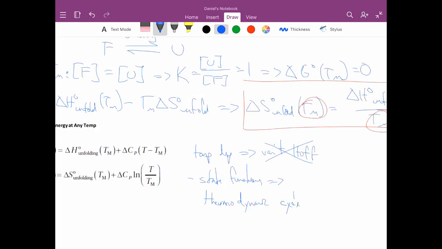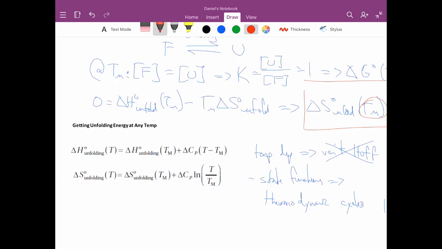And that is in box 10.3, I believe, in the book. Oh, that is actually box 10.2. And once you go through the math, you get these adjusted equations for entropy change and enthalpy change at any temperature. So these are for any temperature.